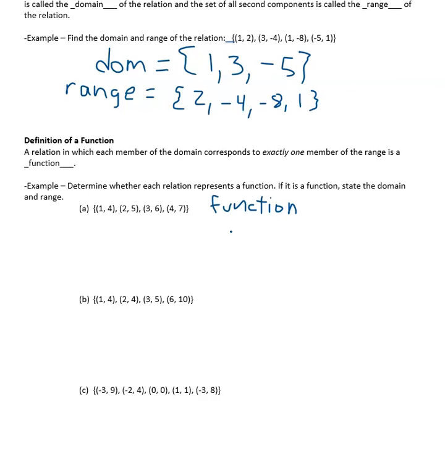So the domain in this case is going to be 1, 2, 3, 4, because that represents the first components in each ordered pair. And then the range is going to be all of the second components. So in this case, 4, 5, 6, 7.